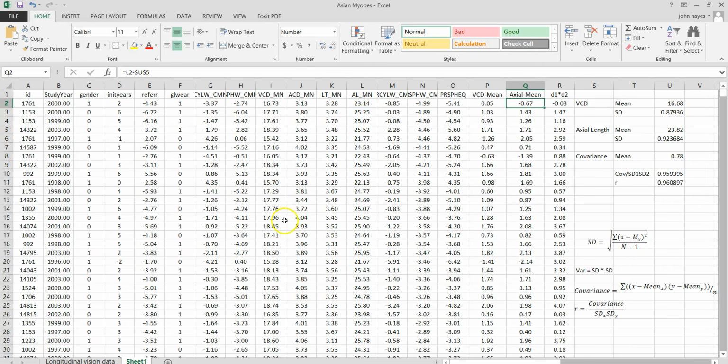And then, as in this formula down here, we multiply those two residuals or differences. We do that right here.